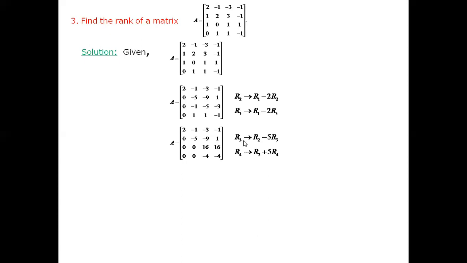Now apply the transformation for R3 and R4. What is R3? R3 plus 5 times R2, no: R2 minus 5 R3. Both are zeros, leave it. This is R2 minus 5. -1 into -5 is plus 5, -5 plus 5, 0. Coming to the next term, -9 here and -5 here: -5 into -5 is plus 25, so 25 minus 9, 16.